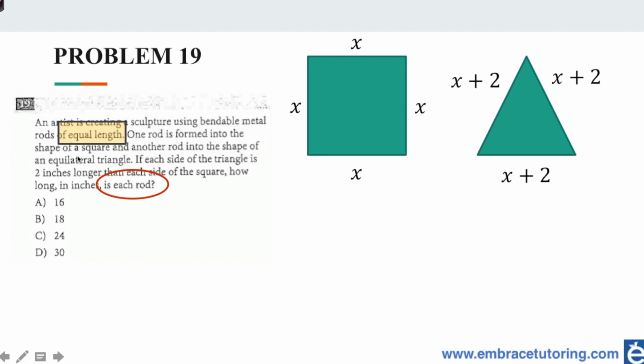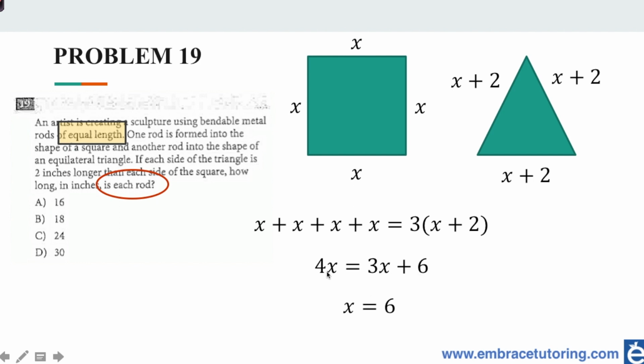One rod is formed into the shape of a square and another rod of equal length. So here I have 4x is going to be equivalent to my 3 sides of the triangle, which is 3 times x plus 2. When I simplify this, I get 4x equals 3x plus 6. I'm now going to subtract 3x from both sides. I get x equals 6, but I'm not quite done yet because it says how long in inches is each rod.